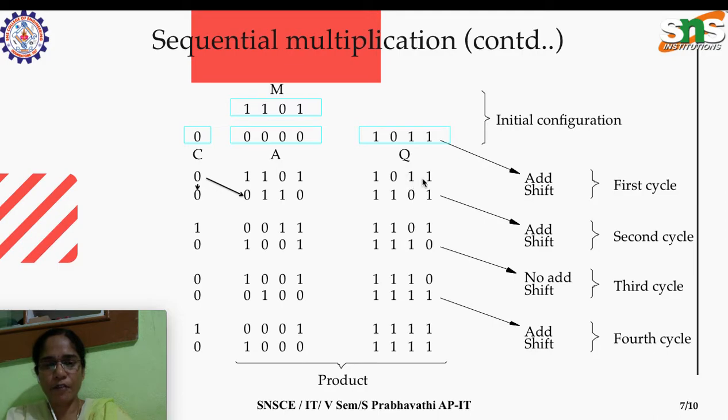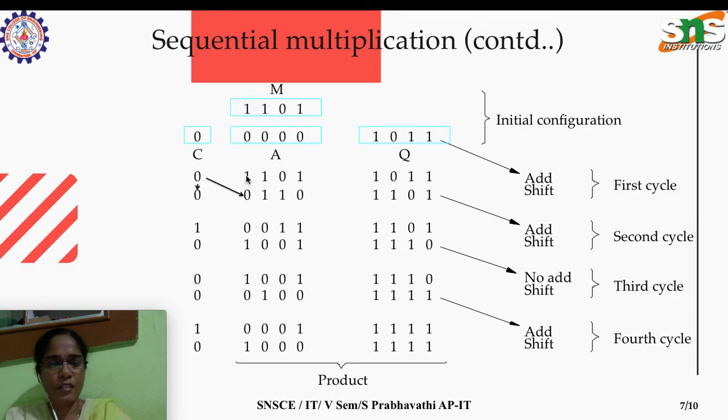Next, after adding, we need to shift towards the right. Shifting happens starting from the C flip flop. Initially C has 0. When we shift, we take this 0 to the MSB of the A register, and we replace the C value with 0 itself.